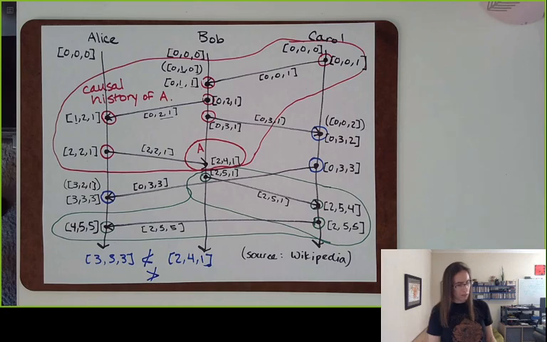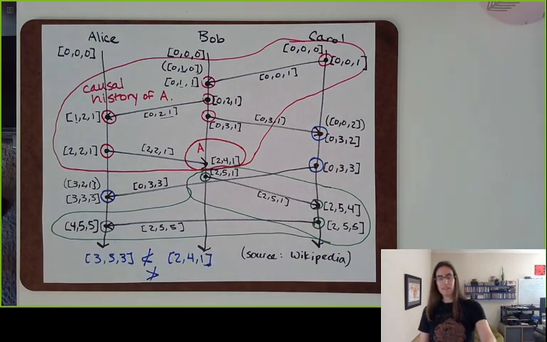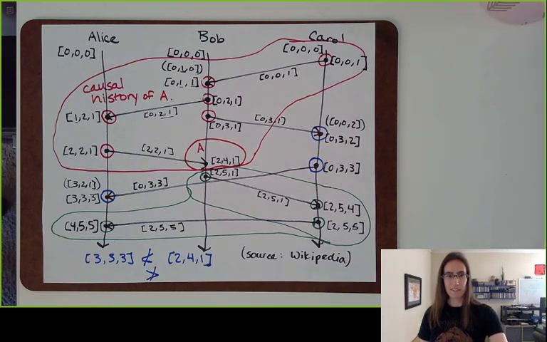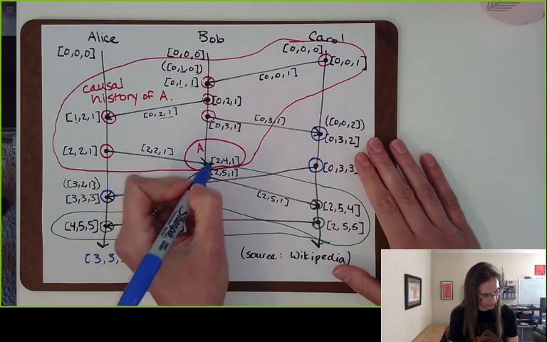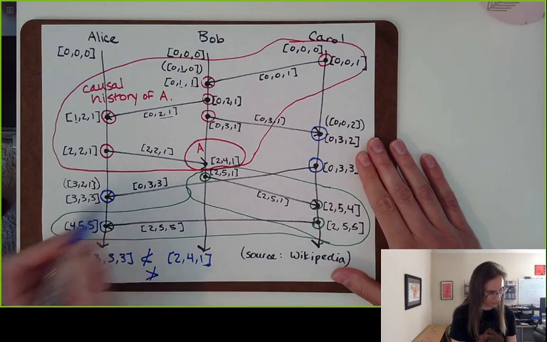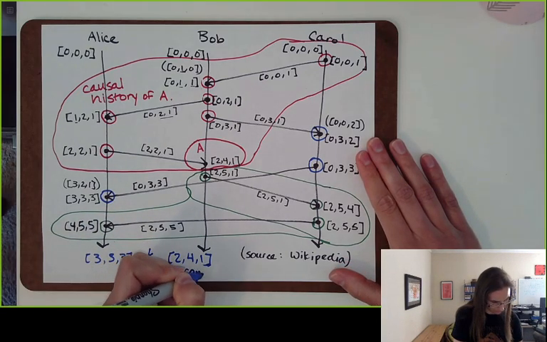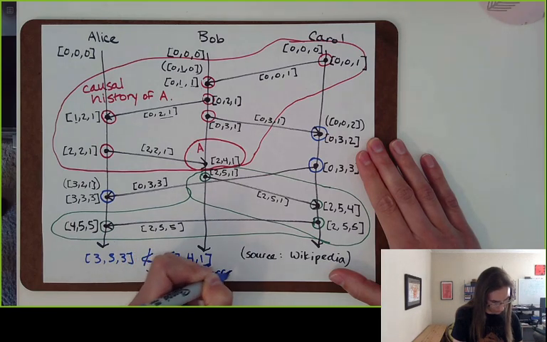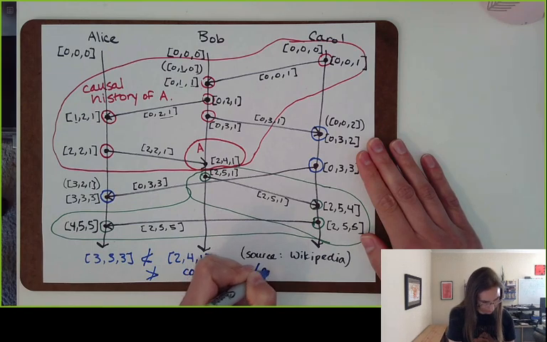So what does that mean about these two events? That's right, these events are concurrent. We say that this one and this one are concurrent. I'm kind of out of room on the picture, so I don't have room to add the word, but I'll write it down here. Concurrent or causally independent.